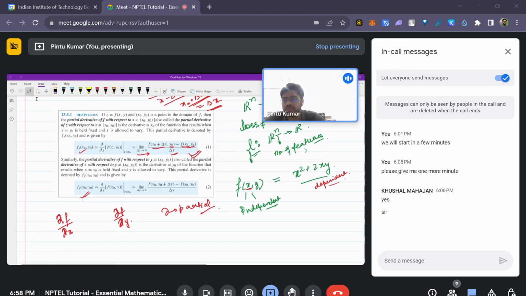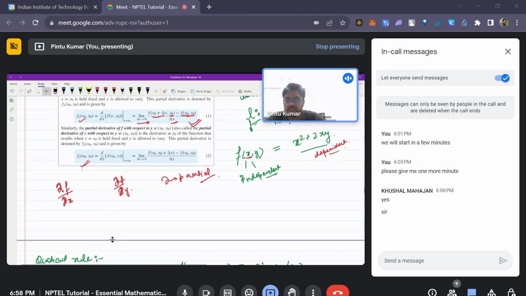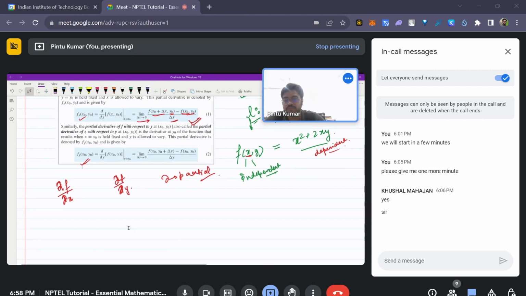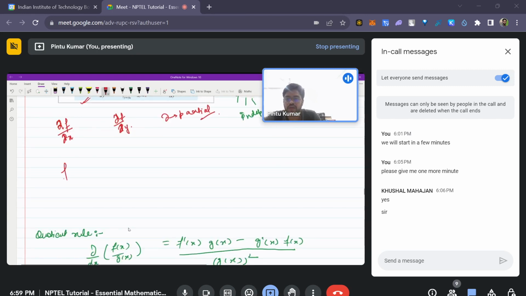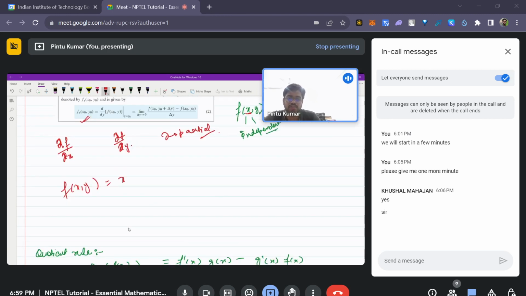In reality, if you want to just find the partial derivative, let's say your f of x y is something similar to what we wrote. Let's say this is x square plus 2xy, and you want to find del f by del x, for example. Then what you should do is you should treat your y term as a constant term. Okay, so similar to your normal differentiation, you should calculate treating other terms as your constant term.